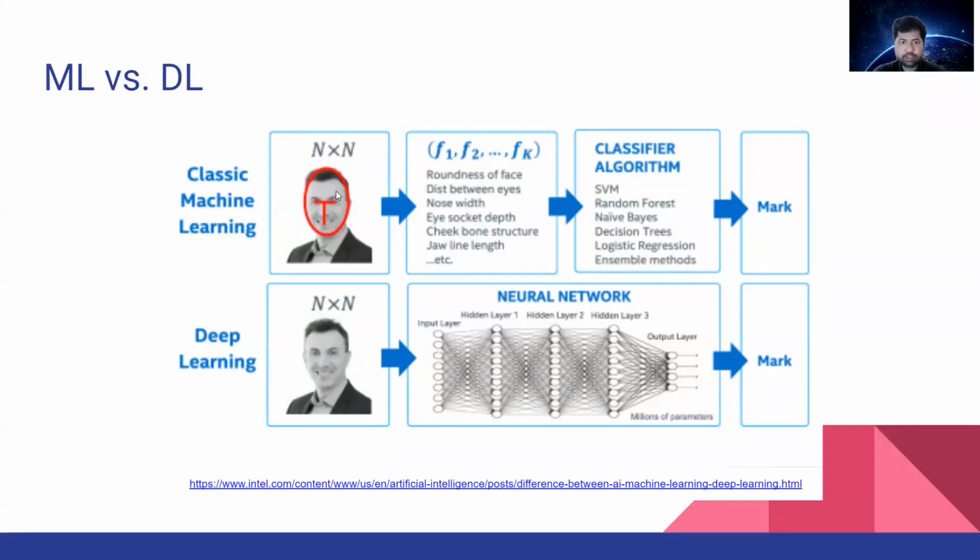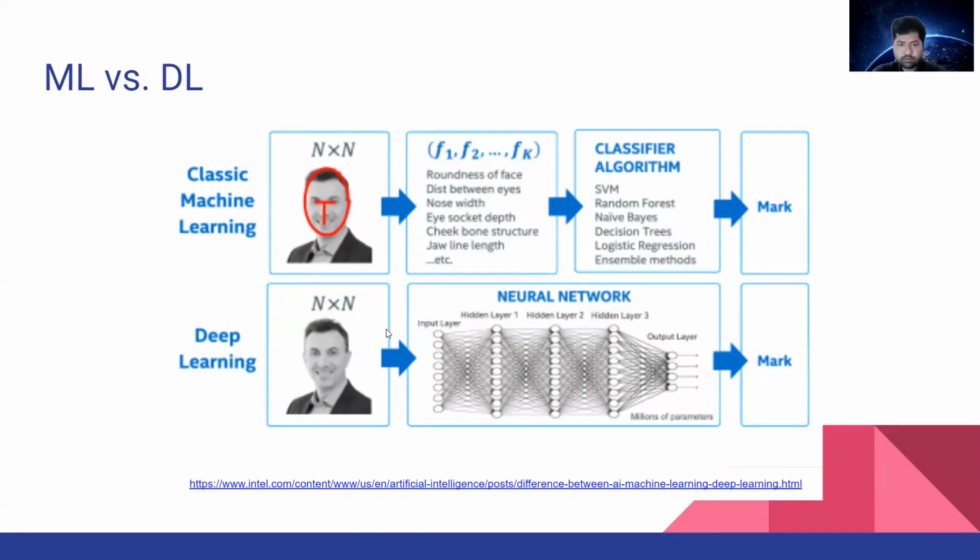In classical machine learning, developers usually build features. For example, the distance between eyes, the distance between the line of the eyes and the mouth, and similarly the width of the face and height of the face, and they feed these features to classical machine learning algorithms, which then finally produce the output.